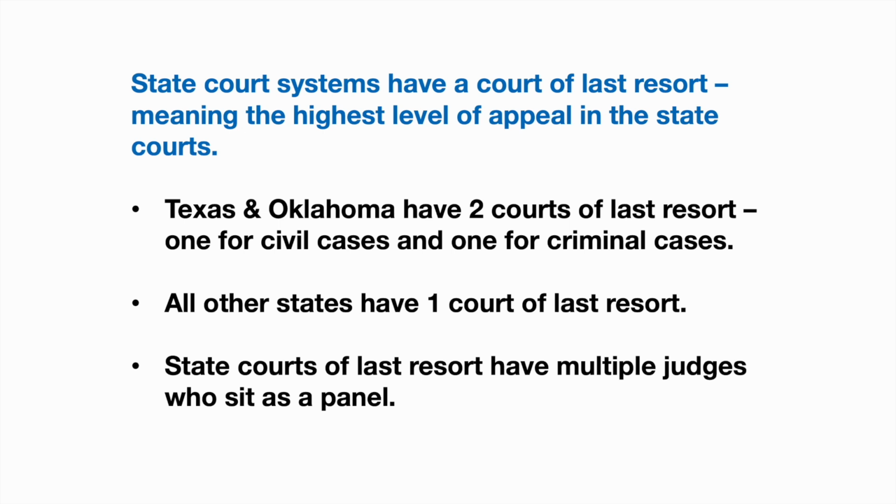All other states have one state high court of last resort. The dockets are purely discretionary, meaning the state Supreme Courts can almost always pick and choose which cases they want to hear. On the state Supreme Courts, there is a panel of judges, similar to the Court of Appeals.